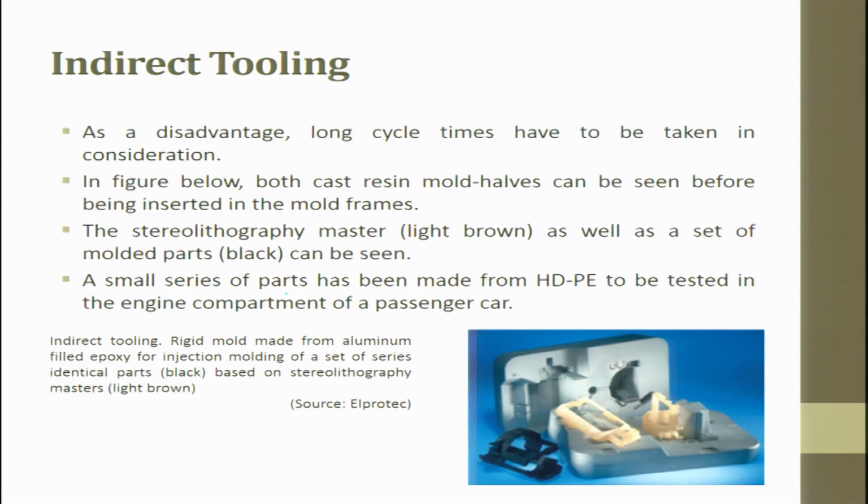So, a small series of parts have been made from HD, high density polyurethane, to be tested in the engine compartment of a passenger car. So, they wanted to test it, they looked at the product, they tested it and then they approved it. Indirect tooling: rigid mold made from aluminum filled epoxy for injection molding of a set of series identical parts, based on the stereolithography master which is made.